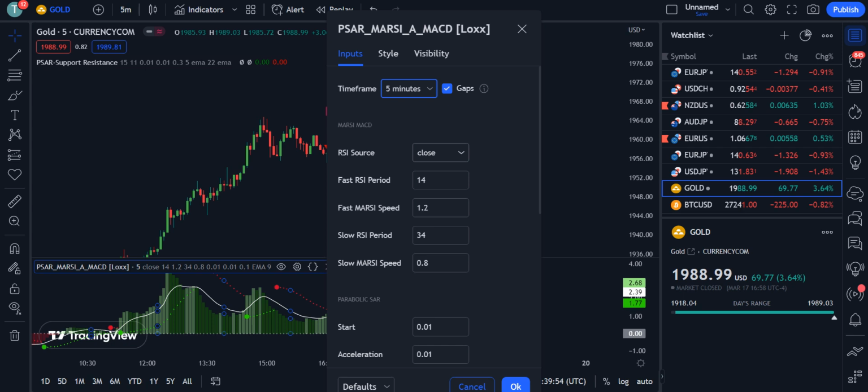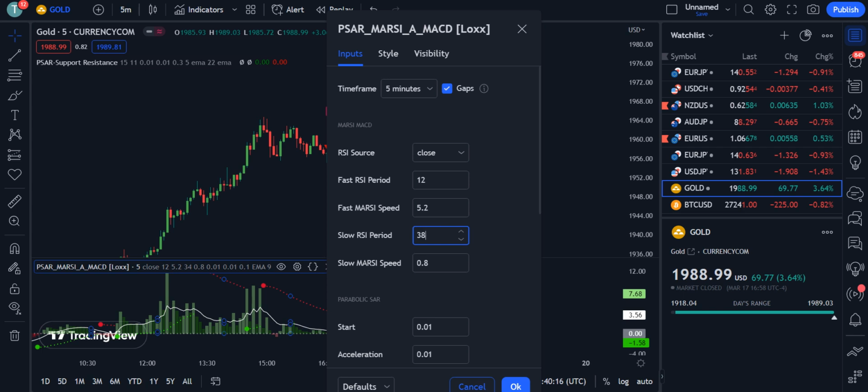We will change its fast RSI from 14 to 12. We will change its fast MARSI speed from 1.2 to 5.2. We will change its slow RSI period from 34 to 38, and its slow Marcy speed from 0.8 to 4.8.